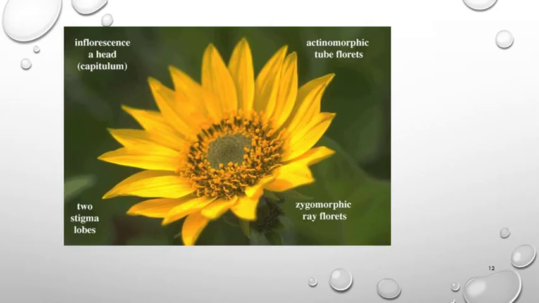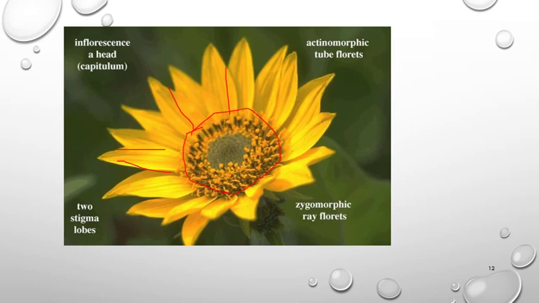So here we have the pictorial view of this inflorescence, that is capitulum or head. These are the ray florets, present towards the periphery, and the florets present in the center are disc florets.